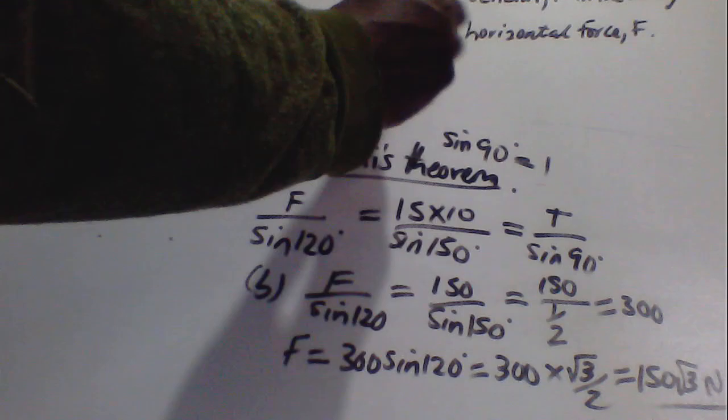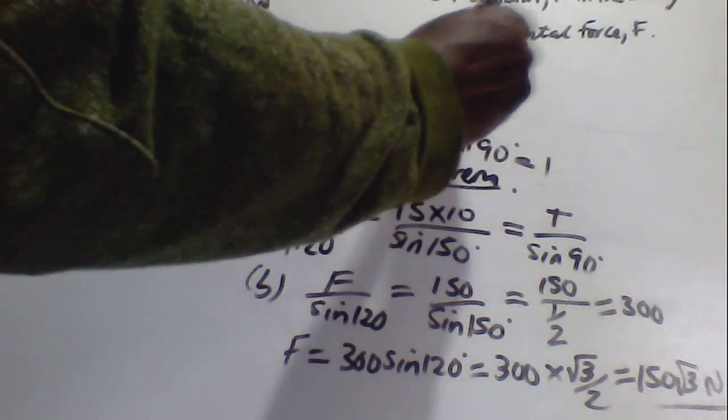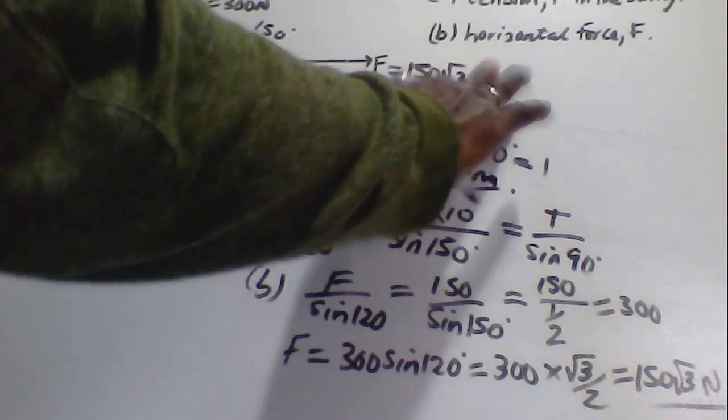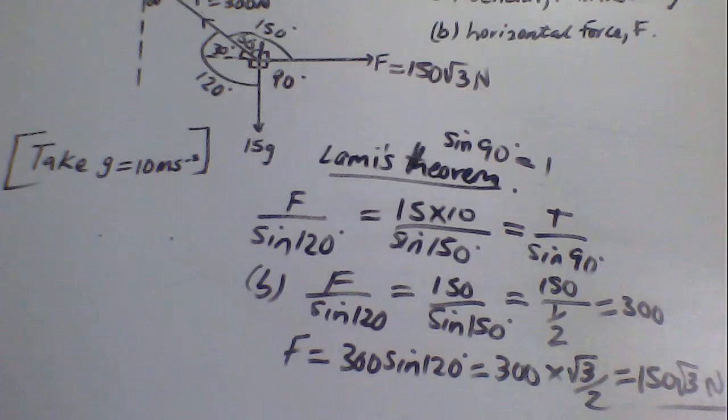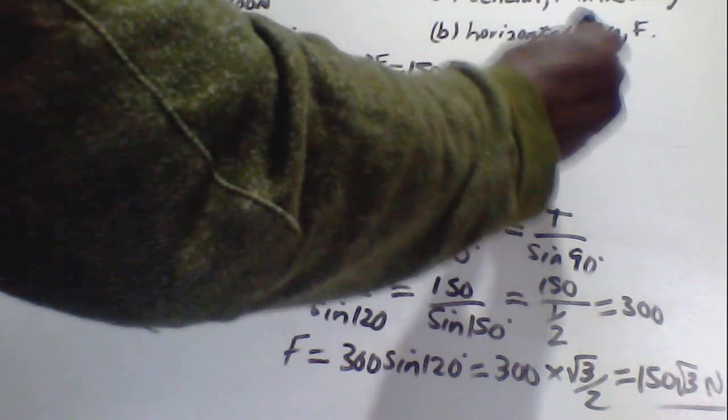So in this case, the horizontal force is equal to 150 root 3 Newton. That is it. You can leave it in this form, or you can put it in decimal form.